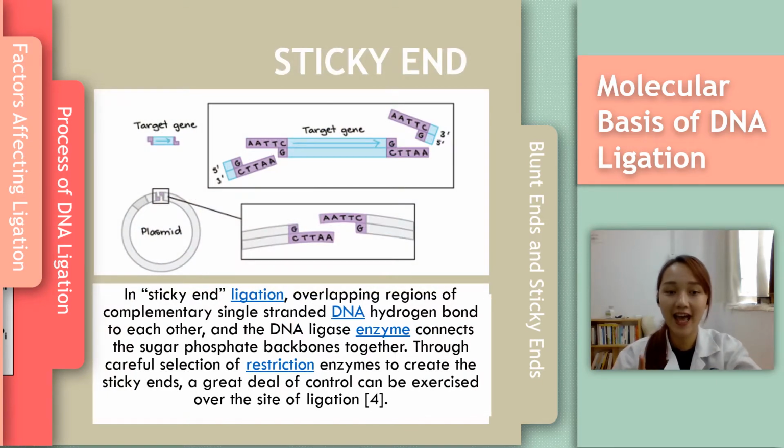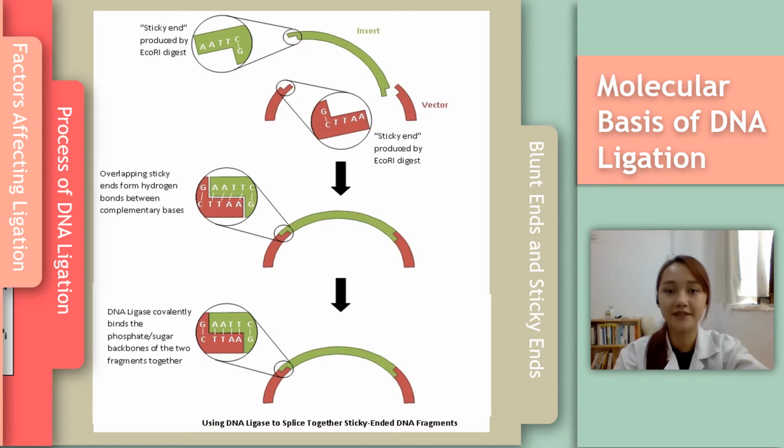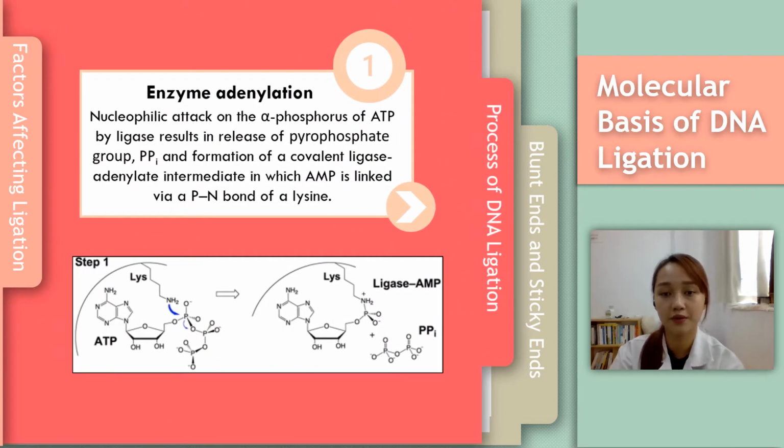Sticky end happens when each strand of the DNA is cut at a different position, so one strand is overhanging by several nucleotides. This single strand can spontaneously pair with each other. So this is what happens in the sticky end. Now we will go to the process of DNA ligation.